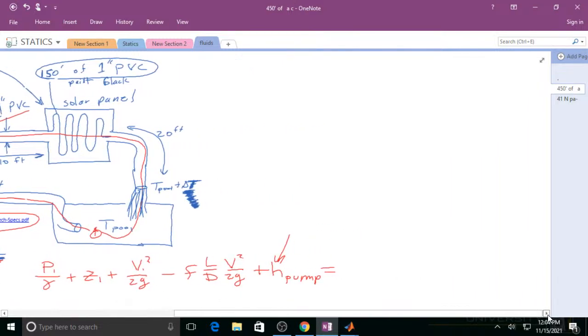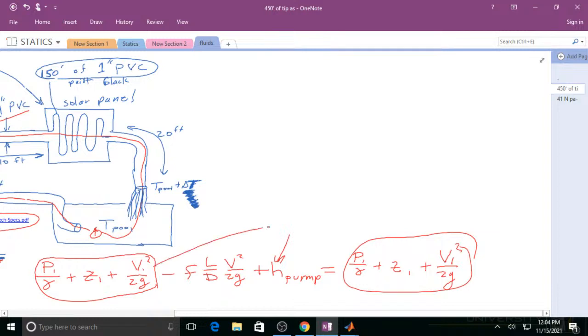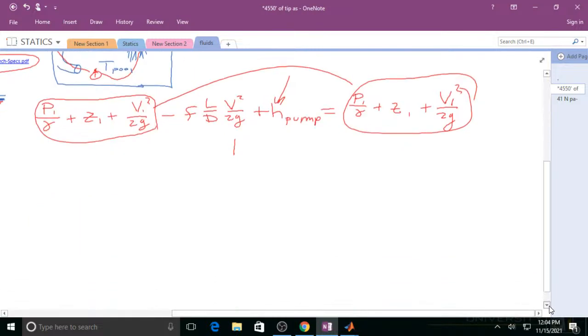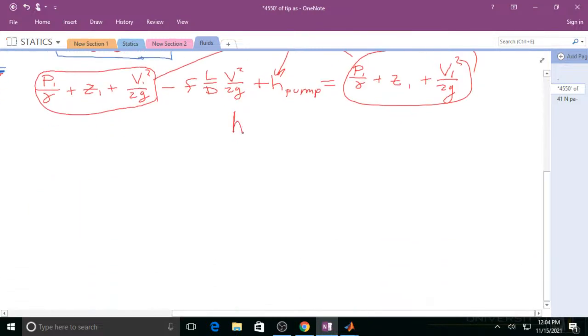Believe it or not, you end up at the exact same spot, a closed system. So this thing and that thing just cancel. It doesn't matter where you pick, as long as the particle ends up back where it was. So you get something kind of boring: the head of the pump is offset by all the losses. Now, there's two ways to do this.